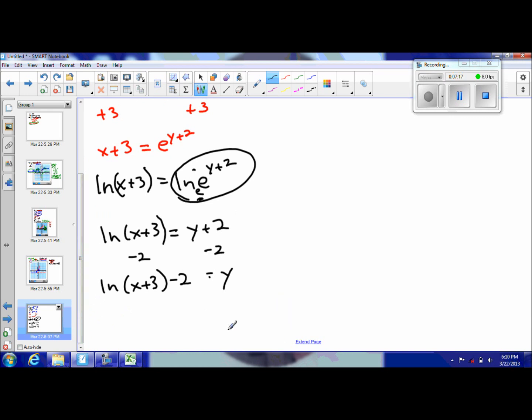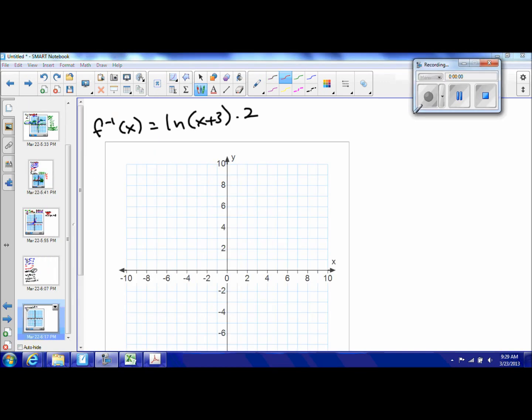And in order to make this perfectly right, I'm going to write f inverse of x. The inverse of my function is ln of x plus 3, minus 2. Well, now that we've got the inverse of the function, let's try graphing it.